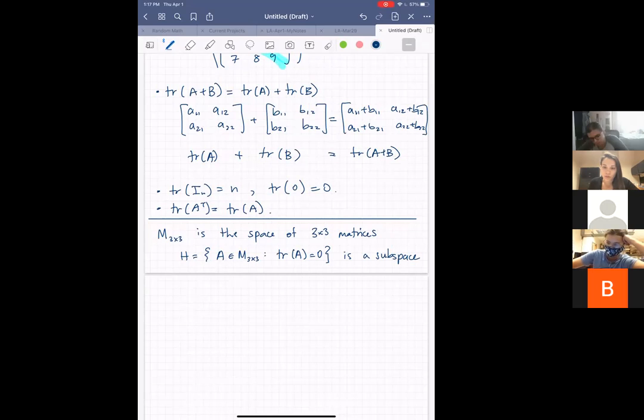We can first think about the fact that the trace of A plus B for two matrices whose trace is 0 will just be, like we said, the trace of A plus the trace of B. If both of those are 0, then the trace of the sum is 0, right? Also, if we look at C times A, a scalar times A, the trace of that will be C times the trace of A, and that will also still be 0, right?